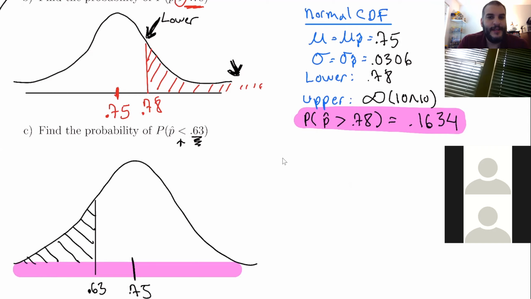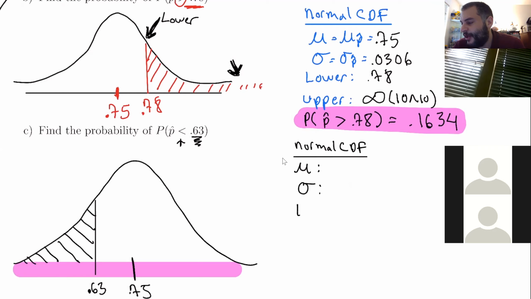All right. So now that you got the shading, this should help you do the lower bound and the upper bound when we're doing the normal CDF. So we're gonna say normal CDF, and we could say mu, sigma, the lower, and also the upper.